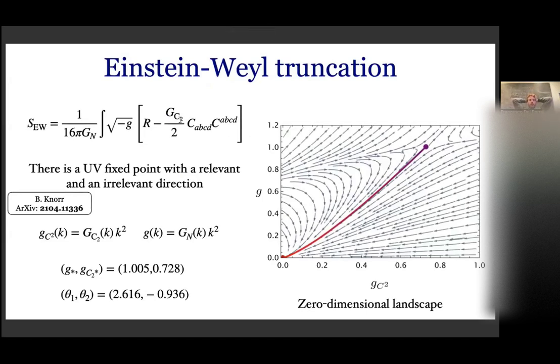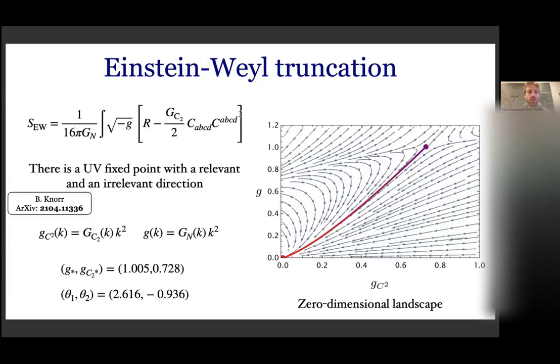We take our action, which is like the Einstein-Weyl one, and we stop at this truncation level. So this is the truncation that we will consider. As I told you, the beta function for this kind of system has already been studied.